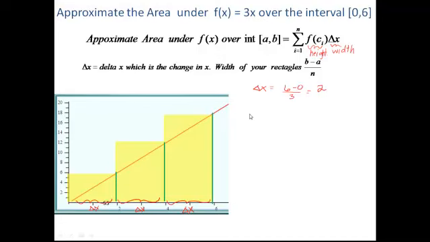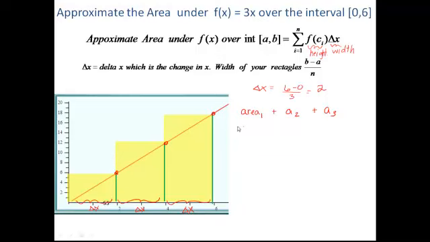I'm going to write this out and let you think about this for a second. The area of the first rectangle we're going to call a sub 1, plus a sub 2, plus a sub 3. It's going to look something like this. We need the height, which is going to be this 3. This is the function that gives us the y values of these points.